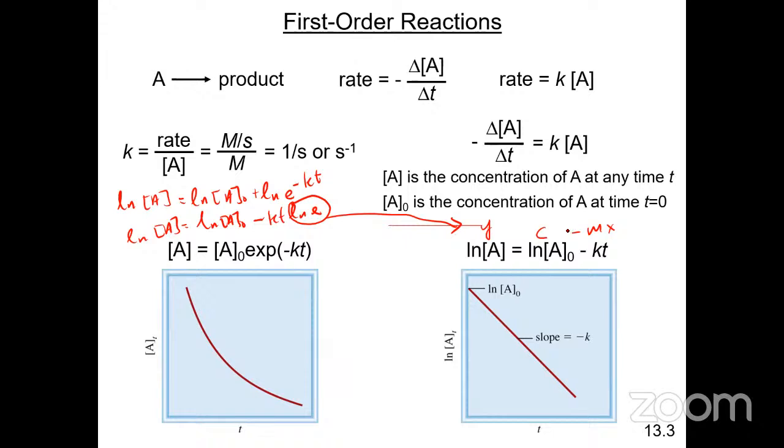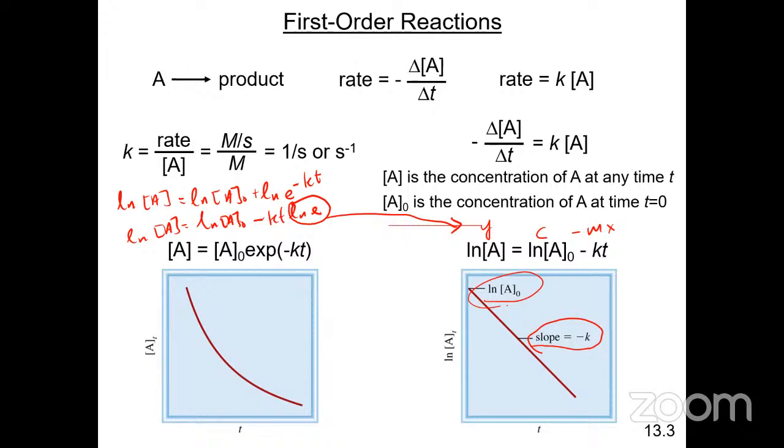So if you plot this graph, it's going to look something like this, where the slope would be equal to minus K, and the intercept on the y-axis would be the natural log of the initial concentration of A, all right? So those are all the consequences of the first order reaction.